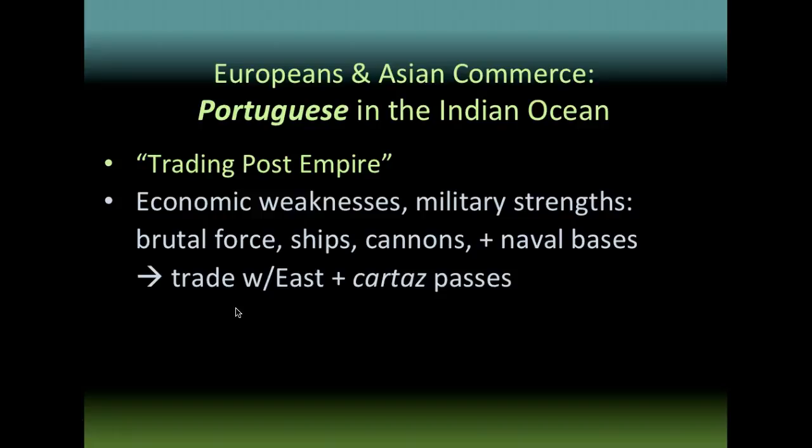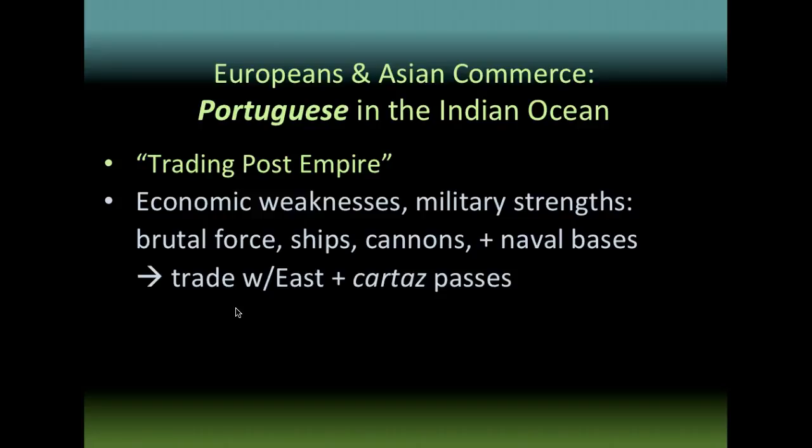They have cannons that are put on ships that go boom and can break stuff. And their ships are strong and powerful, and they end up creating naval bases along with those trading posts where they basically force trade with the East in the form of Cortez passes.